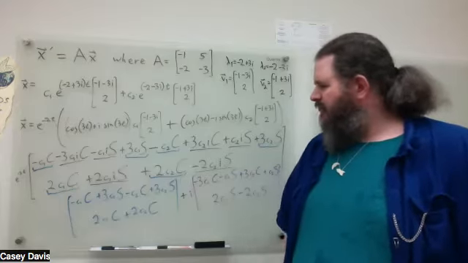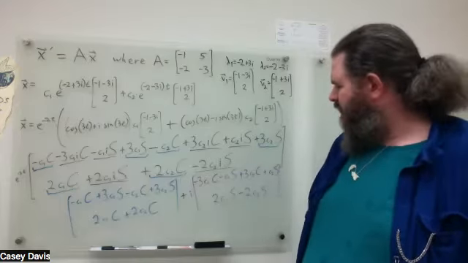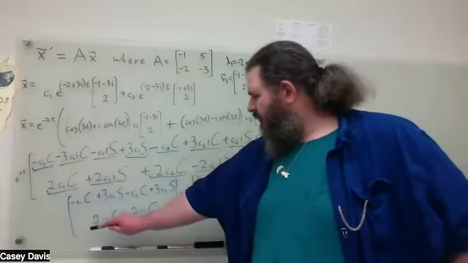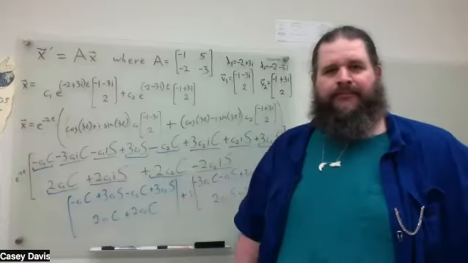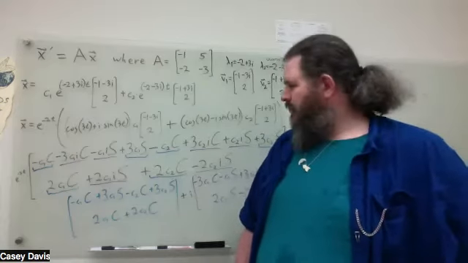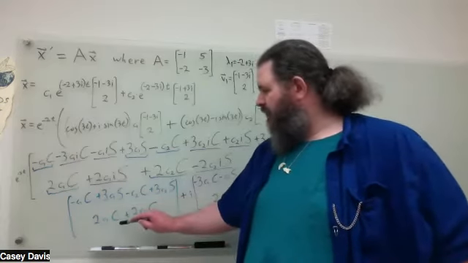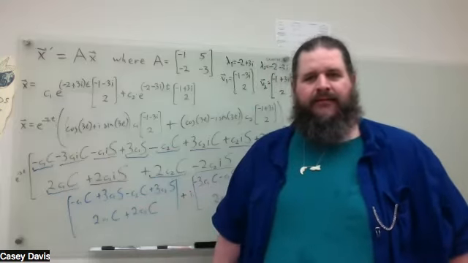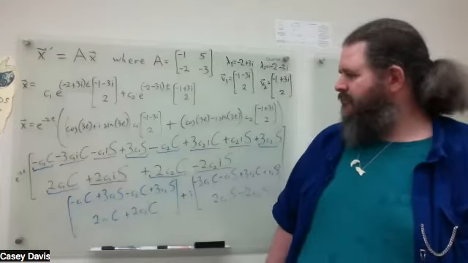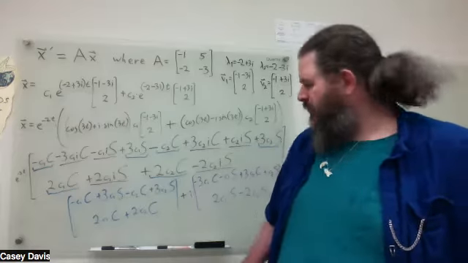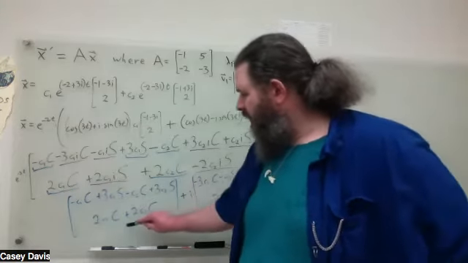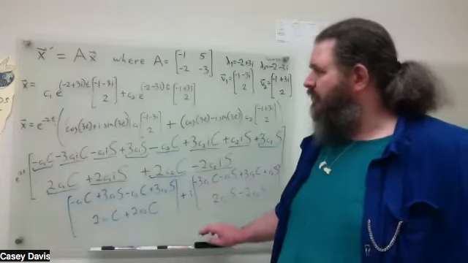Maybe we could factor something out. I'm certainly noticing some patterns here. Like for instance, what could we factor out of everything here? Yeah, if we factor out 2 times cosine, we're left with what? Yeah, just C1 plus C2. So this entire thing can just be written as C1 plus C2.